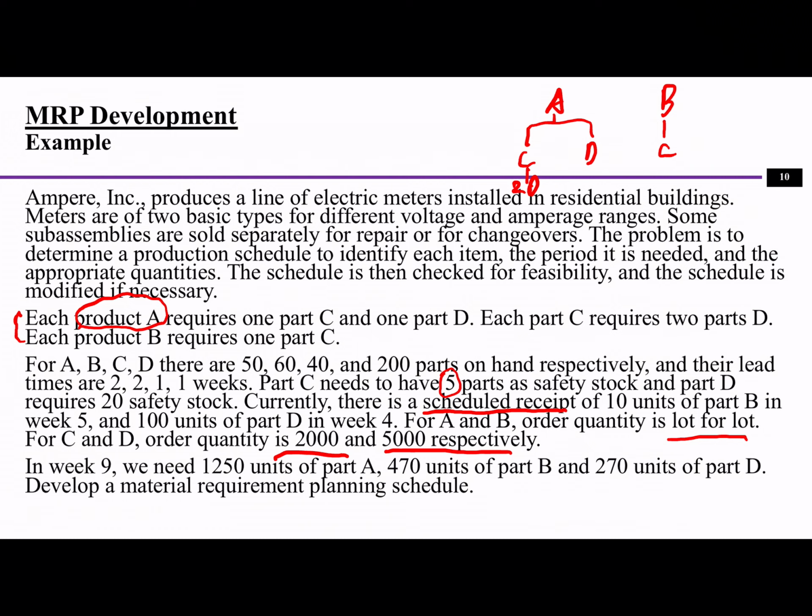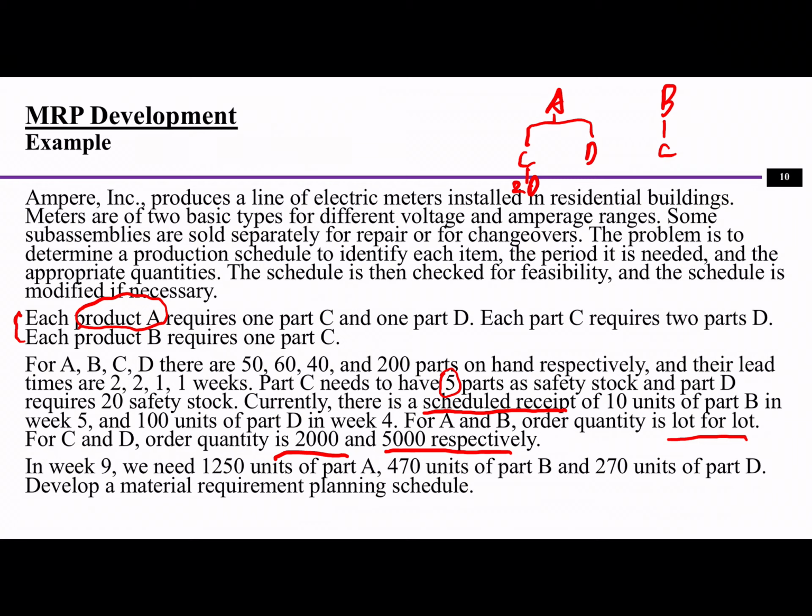But in our planning, we should subtract this 5. Same with D. In our planning, we should just ignore this 20. If we have 300 of D in stock, what we can actually use in our planning is only 280, since 300 minus 20 is 280. All right, so this is what the different terms mean.